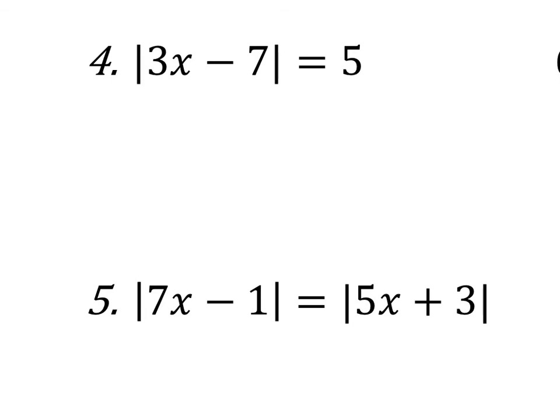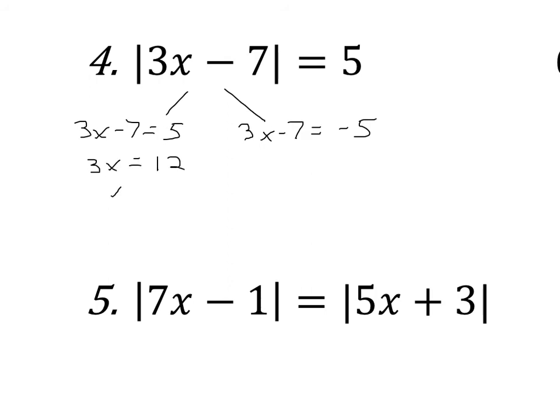And you find these solutions by writing 3x minus 7 equals a distance of positive 5 from 0, or 3x minus 7 equals a distance of negative 5 from 0. So adding 7 to both sides and dividing by 3, on the left we get x equals 4.